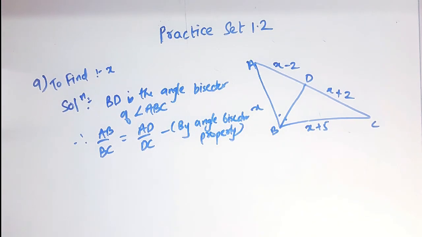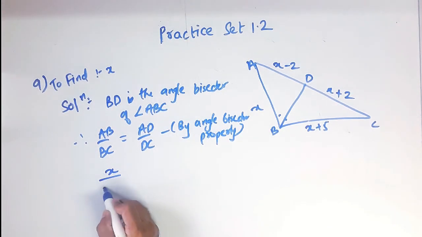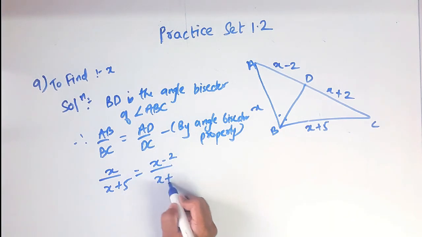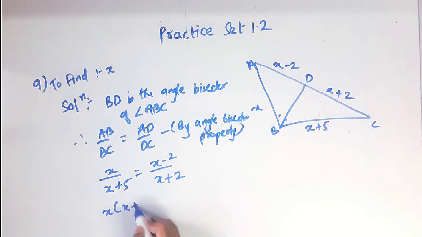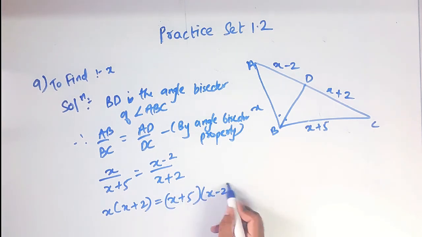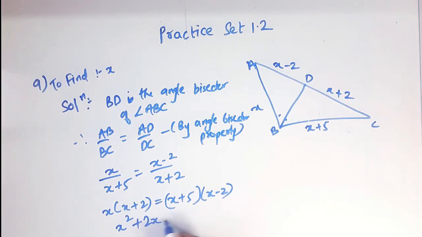Now replace their values. AB is x, this is x plus 5, this is x minus 2 and this is x plus 2. So cross multiply, I'll get x bracket x plus 2 equals x plus 5 bracket x minus 2. This will become x square plus 2x is equal to x square plus 5x minus 2x minus 10.